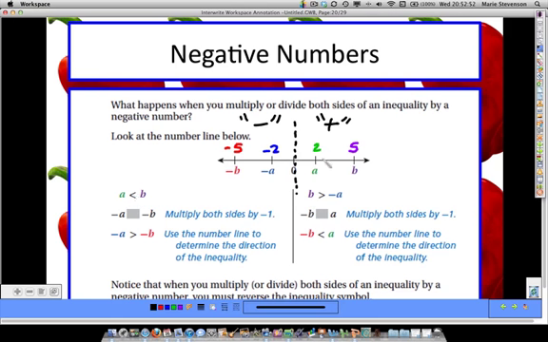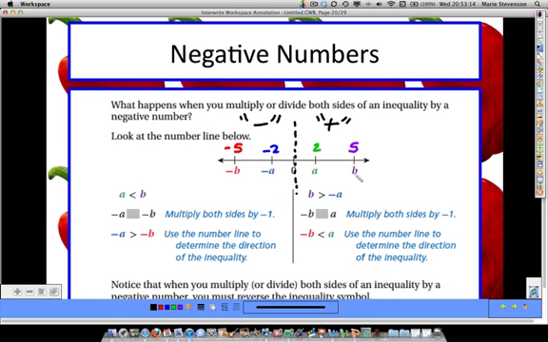Well, if A is less than B on the positive side, is that true on the negative side when you multiply them both by a negative 1? Well, no. If you look at the number line, you see how the negative A is actually negative 2, which is closer to 0 than negative B. In this case, what happens is when you multiply by a negative, you actually reverse the roles.